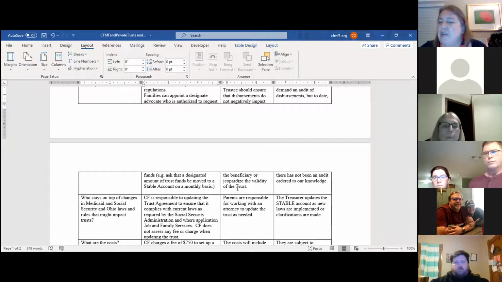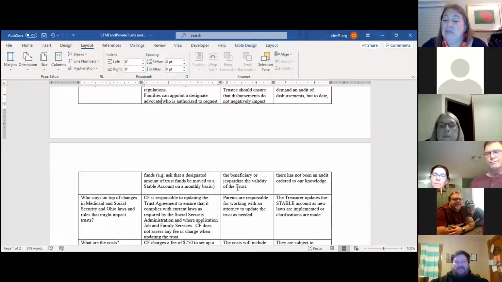For every $3 you give them, they lose $1 of SSI. But if you take that exact same amount of money and deposit it into a Stable account, and then the Stable account pays for the rent or their food, that's totally allowable, and their SSI payment is not impacted at all. It's called legalized money laundering. It's like codified money laundering. They literally put it into the code. Here's what you do, and they don't care.